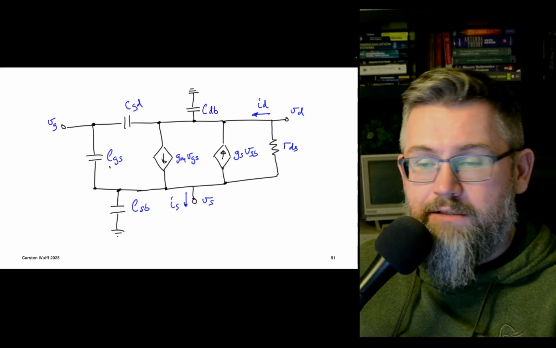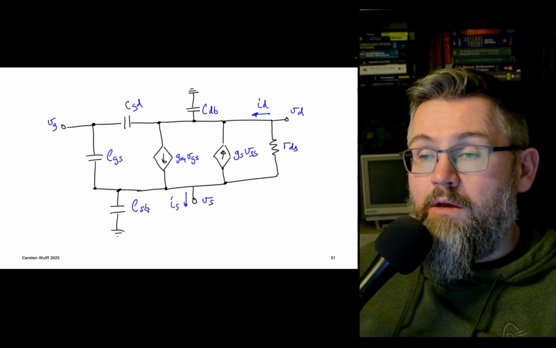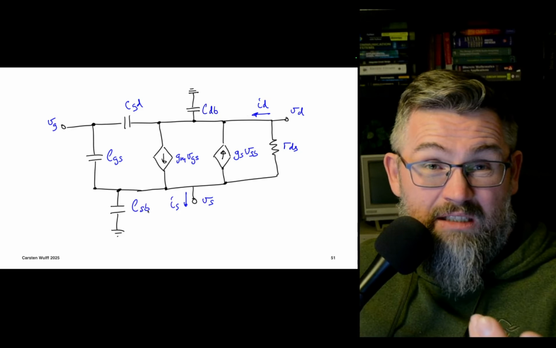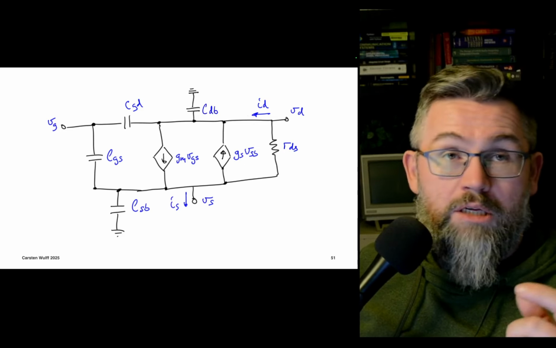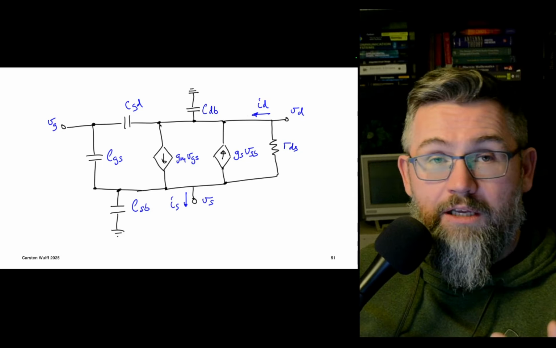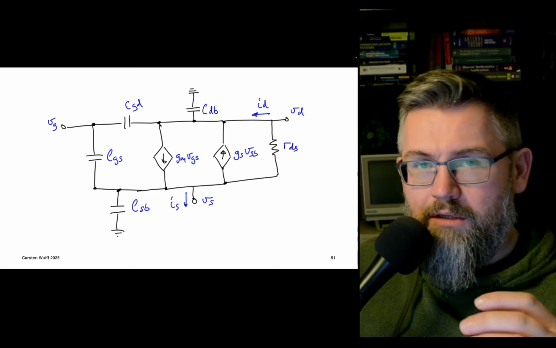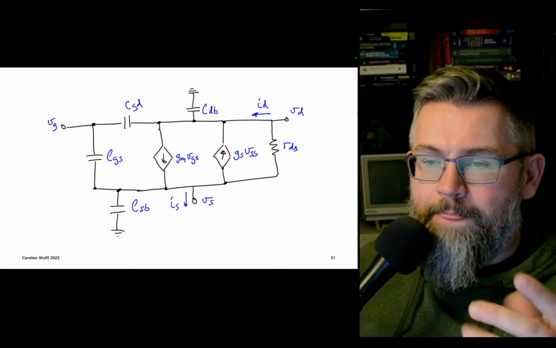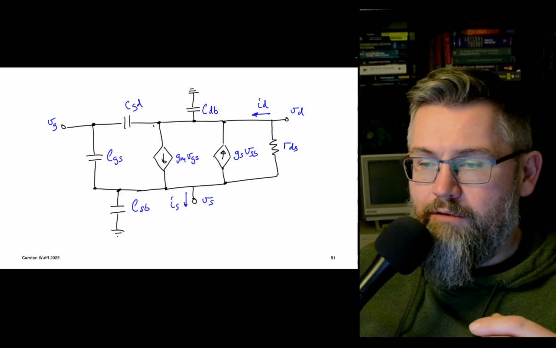There's probably a source bulk capacitance, because that's a diode, so that's a nonlinear capacitance. Same for the drain bulk. It might actually not be a diode in 22 nanometer FD-SOI or in SOI processes. There is no diode between drain and the bulk, but yeah. And then you often have an overlap capacitance between the gate and the drain.